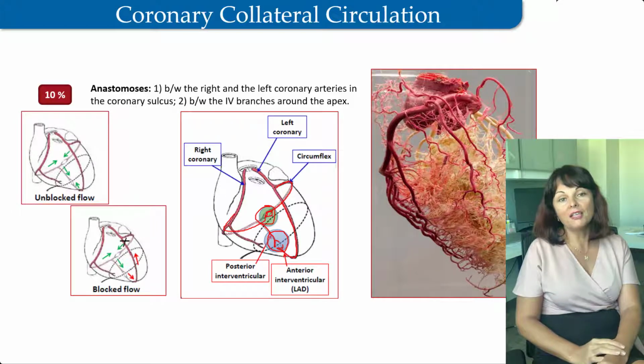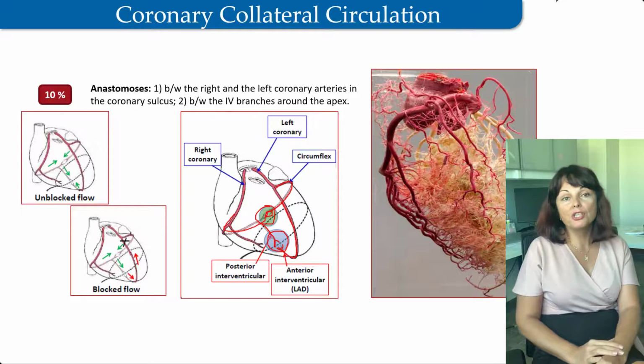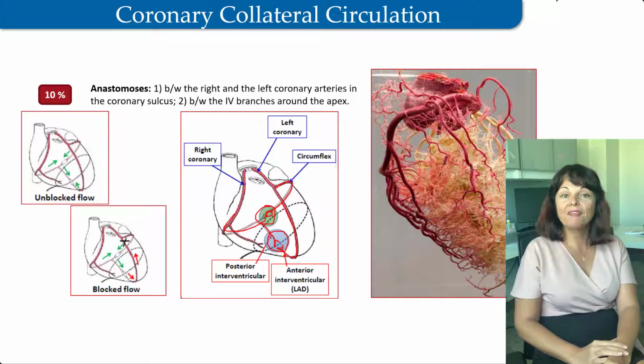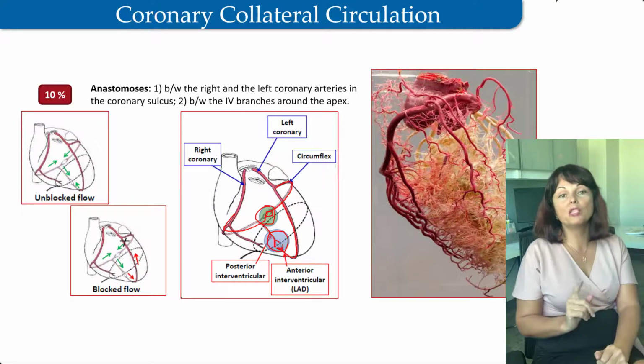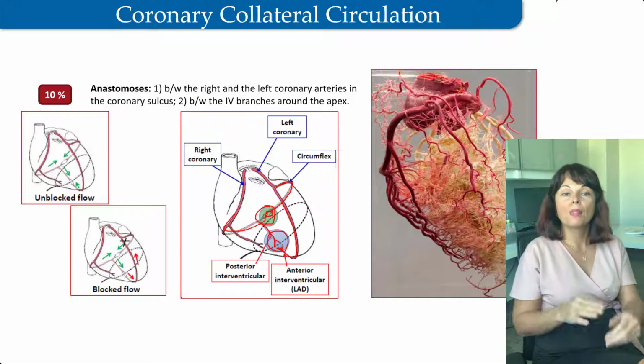Consequently, myocardial infarction may not result. On sudden blockage of a large coronary branch, some infarction is probably inevitable, but the extent of the area damaged depends on the degree of development of the collateral anastomosis.